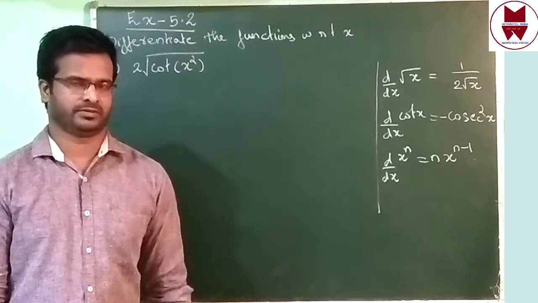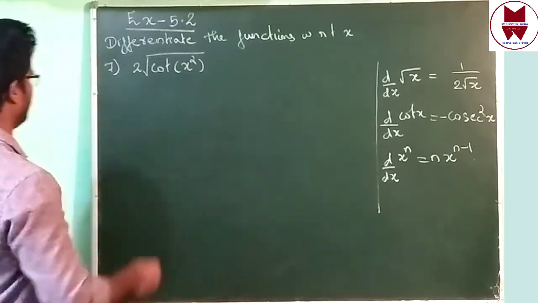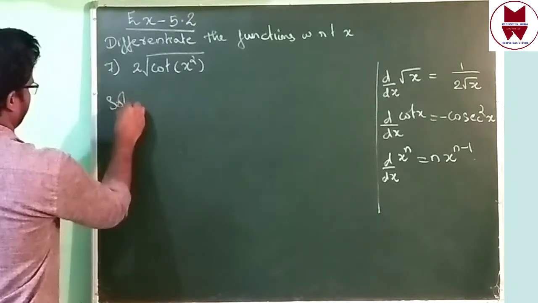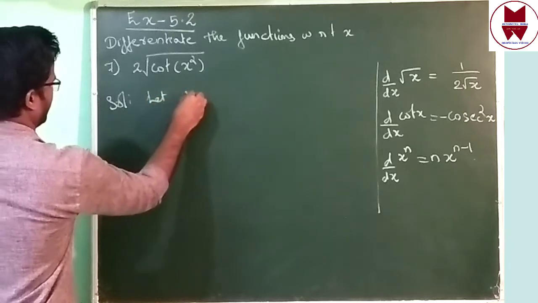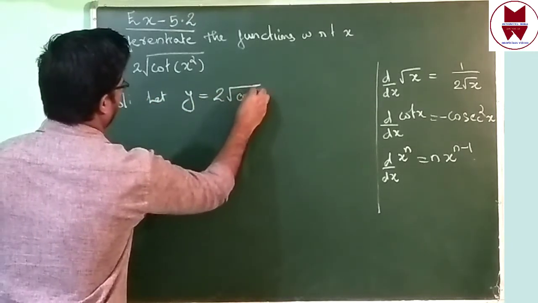What is the first step? First we have to give one name to the given function. Let y equal to 2 square root of cot x square.